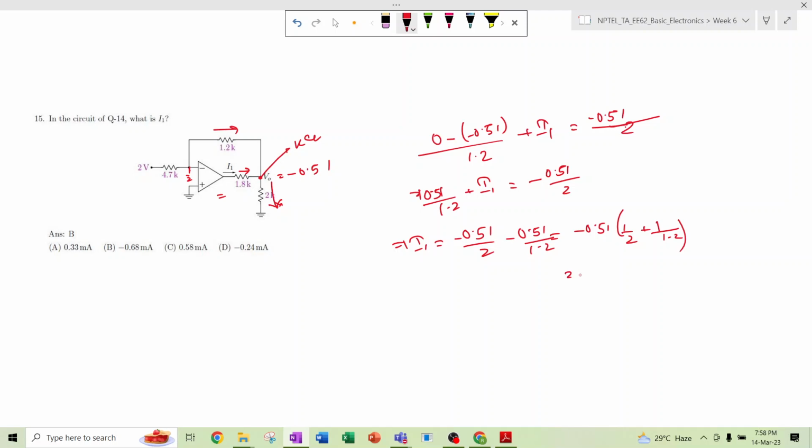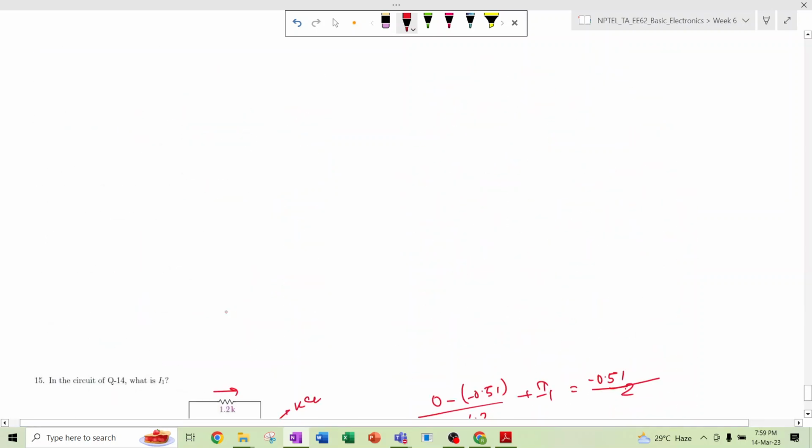So it will be minus 0.51 into 1.333. So if you multiply, it will come out minus 0.68 milliampere. So this I1 will be nothing but minus 0.68 milliampere.